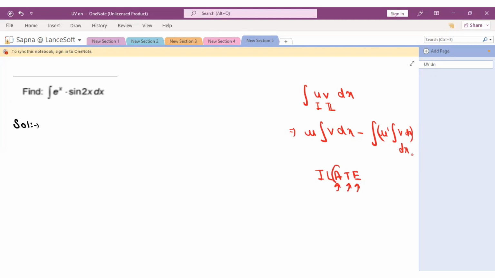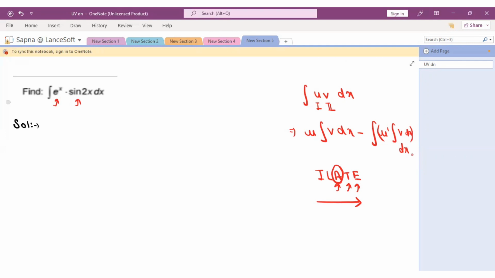This is the order, so you give preference from left to right. In our question we have an exponential function and a trigonometric function, so the first preference is given to the trigonometric function, which is sine 2x. Let us write sine 2x as the first function and the exponential function as the second function.